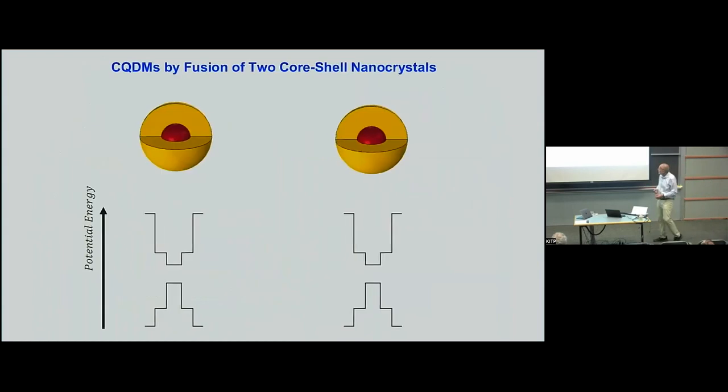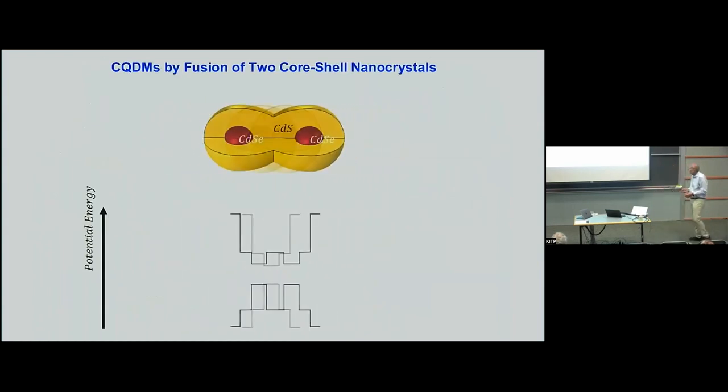So the concept that we came up with is to take core shell nanocrystals, and this is my model system, CdSe/CdS. Now I have this potential. I'm going to bring them together, but I have to fuse them, and then I really have a double dot. I have a molecule, so to speak, an artificial molecule. That's the idea.